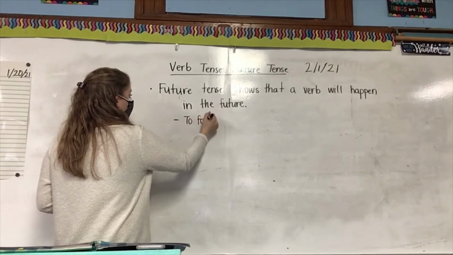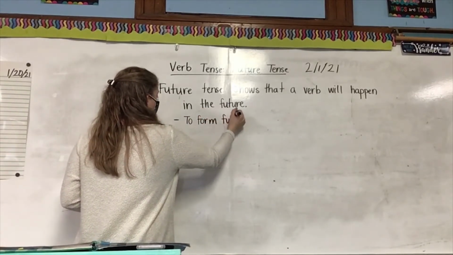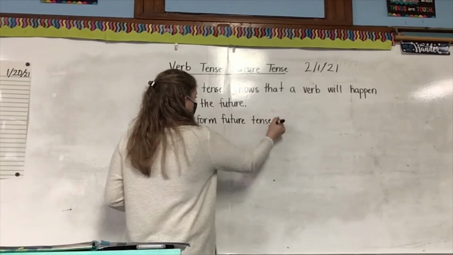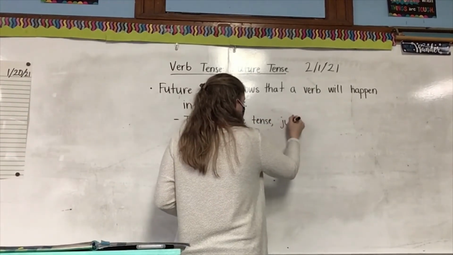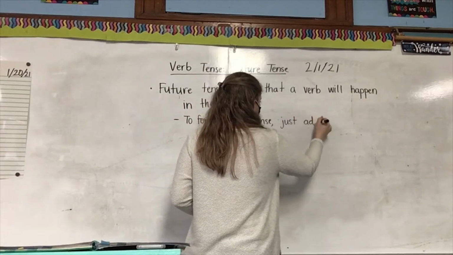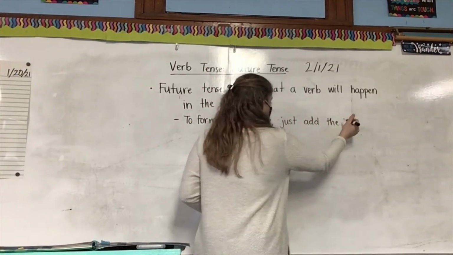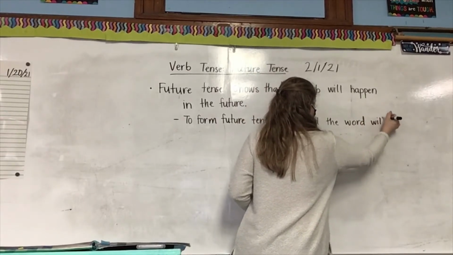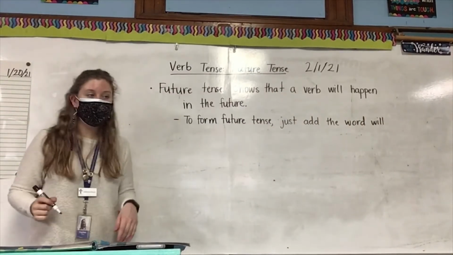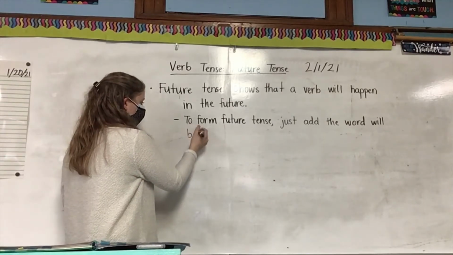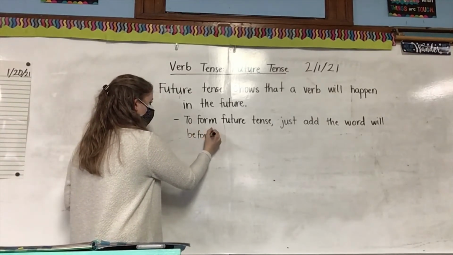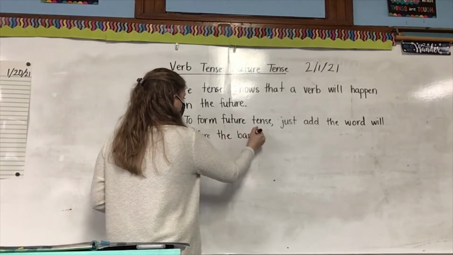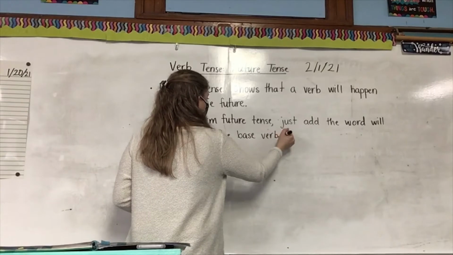To form future tense, just add the word will, W-I-L-L, before the base verb.